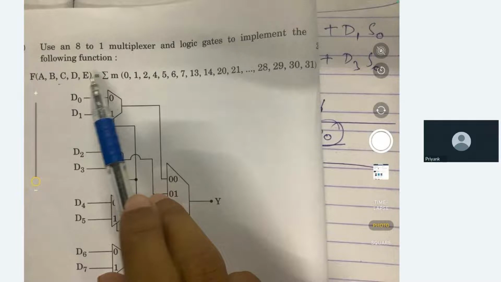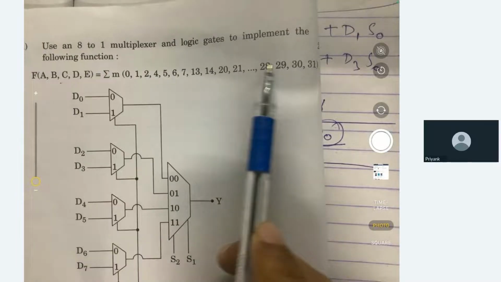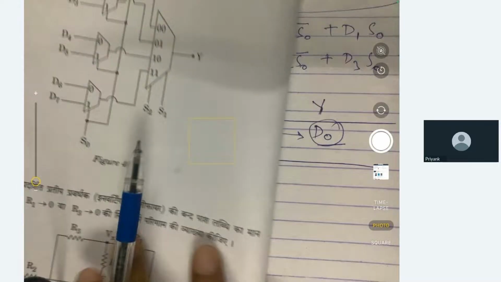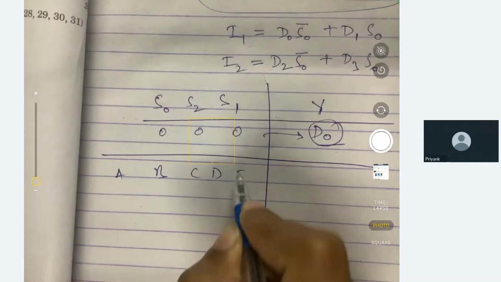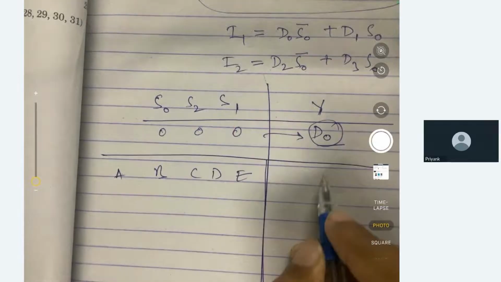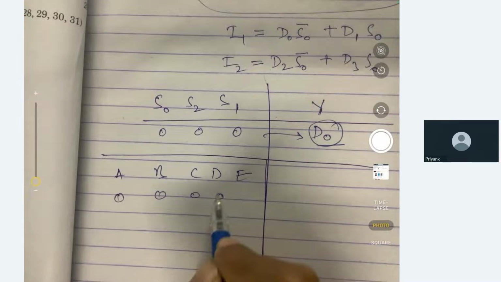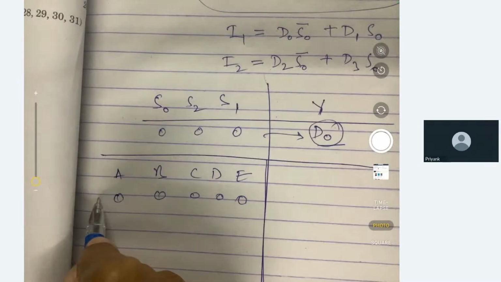When we make the truth table, this question becomes very, very easy. I'm not going to make the whole truth table, just writing A, B, C, D, E and the output, so we will require to write 32 elements. This is output F.